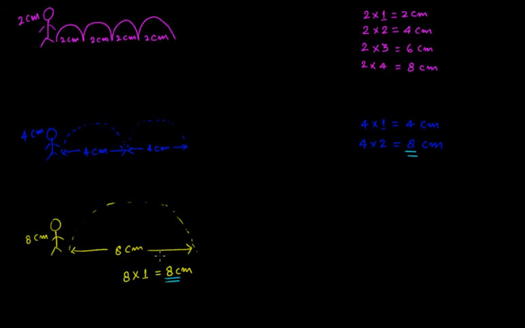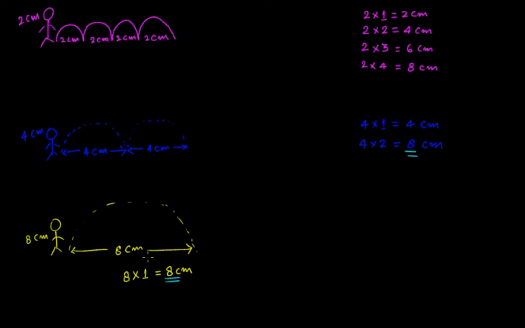Now here 2, 4, 6, 8 are the multiples of 2. In this case 4 and 8 are the multiples of 4, and in this case 8 is the multiple of 8.